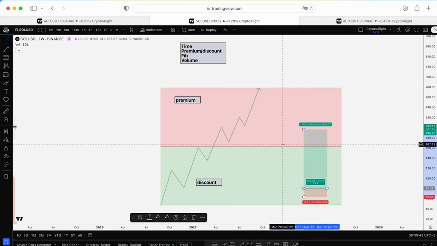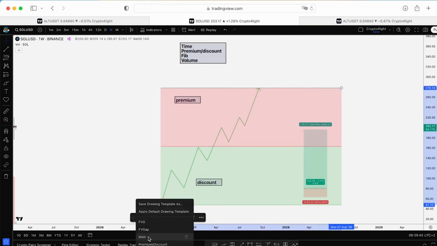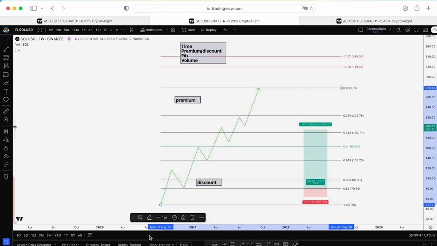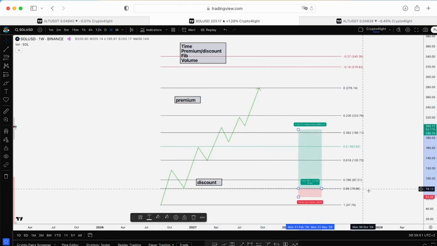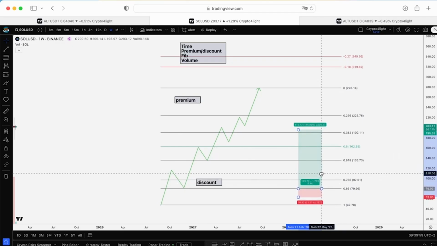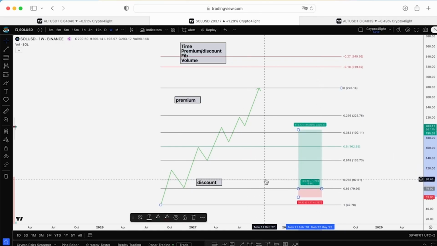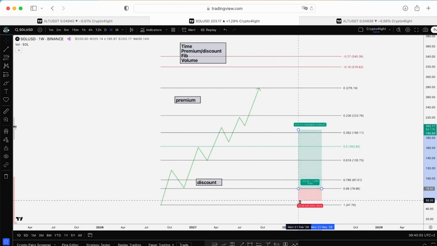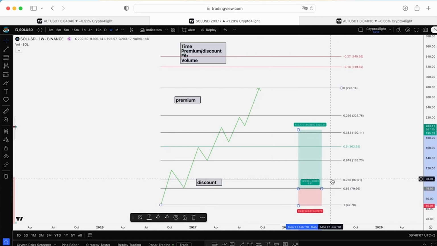With another FIB, it can be like this one. You remember the basic video about the FIB in the discount zone. So here 0.5 is the start of the discount zone. It's much better to start accumulating the token on the spot or with leverage at these blocks, at 78 and 86.